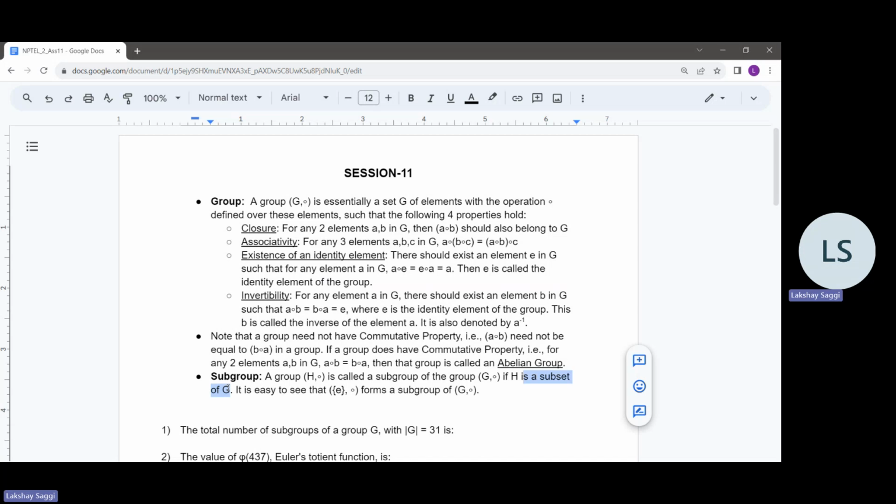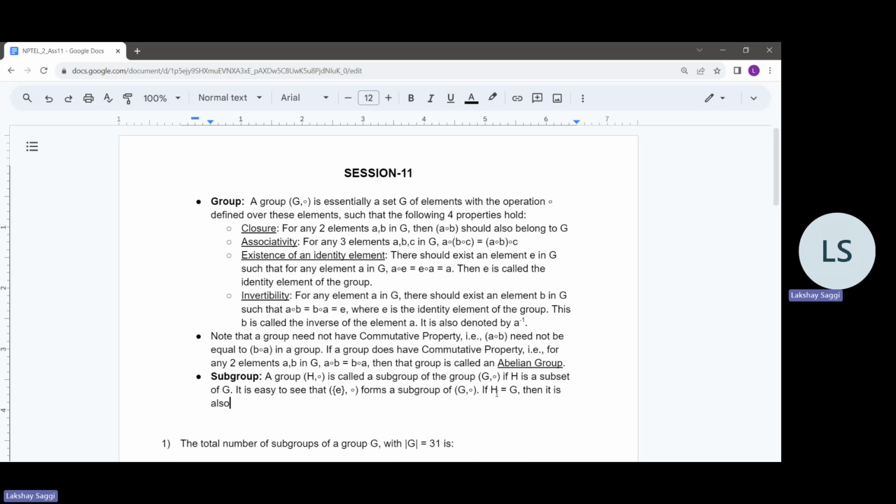H can also be equal to G, right? Because a proper subset is something where H is not equal to G, but here we have just defined a subset. So if we take H as just the identity element, then this forms a subgroup of G. And also if we take H equal to G, then that also forms a subgroup of G.